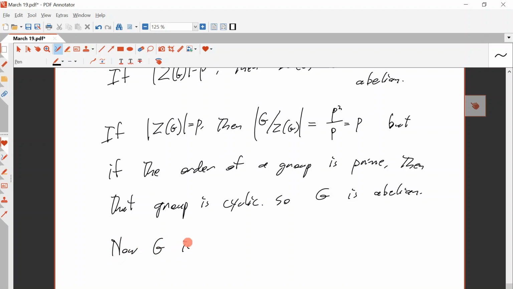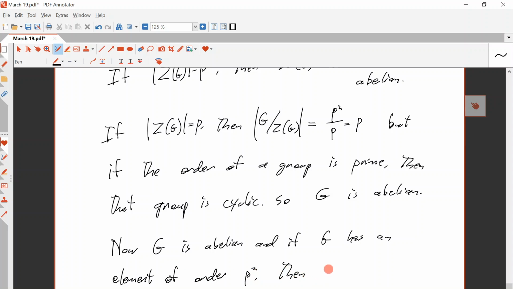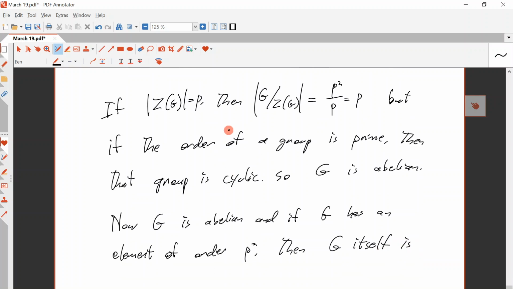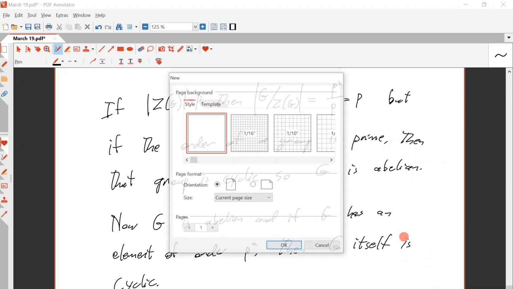Now, G is abelian. And if G has an element of order P squared, then G itself is cyclic. Okay.